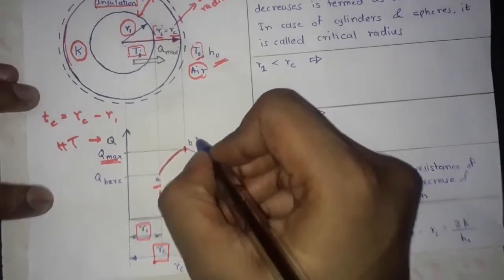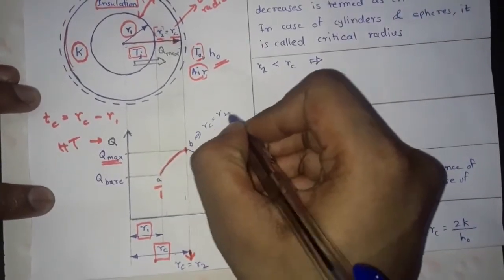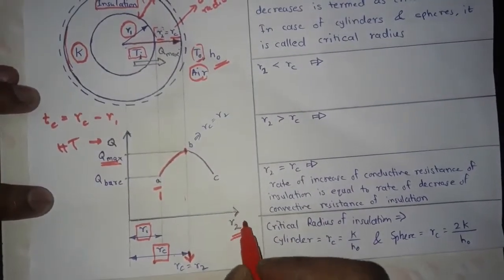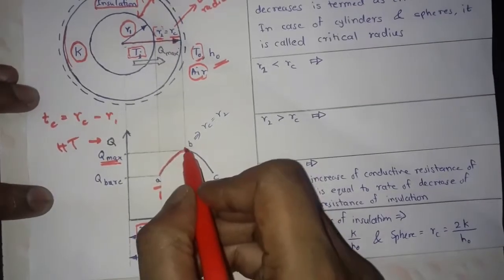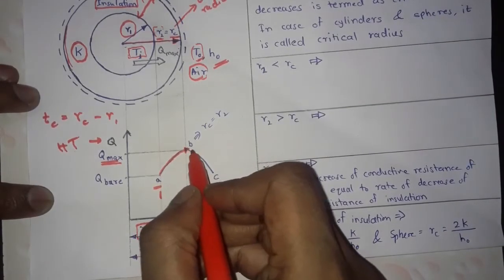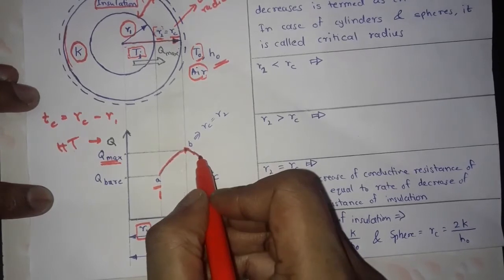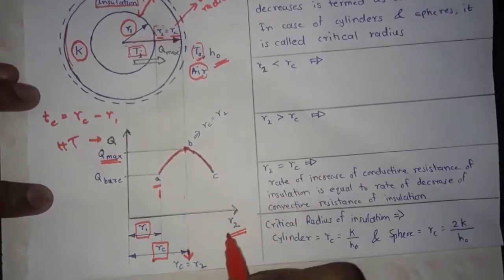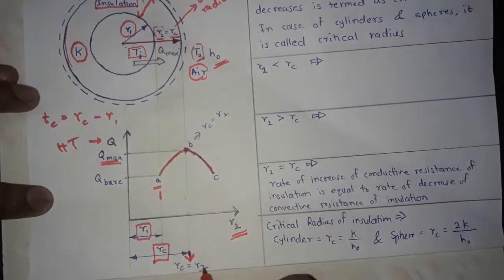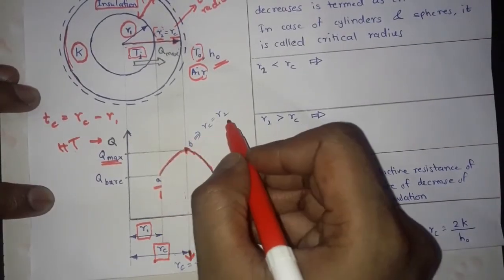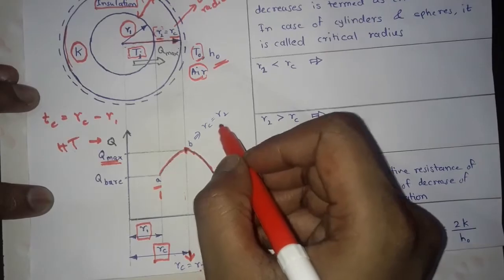At point B, rc is equal to r2, and when we further increase the outer radius of insulation r2, as you can see, heat transfer decreases beyond this point B, that is the critical radius.